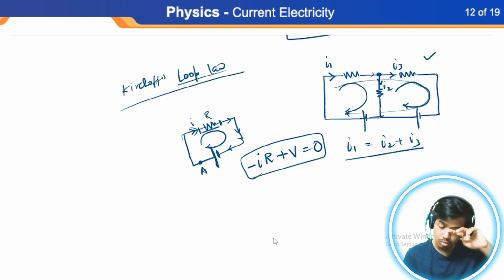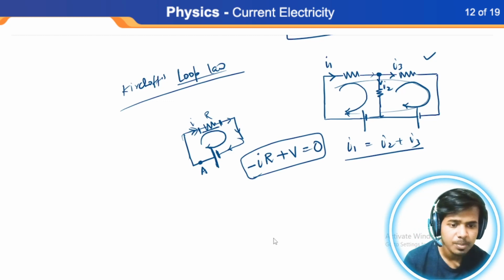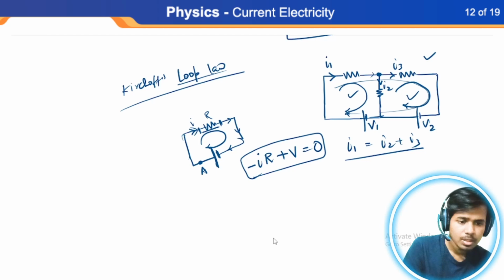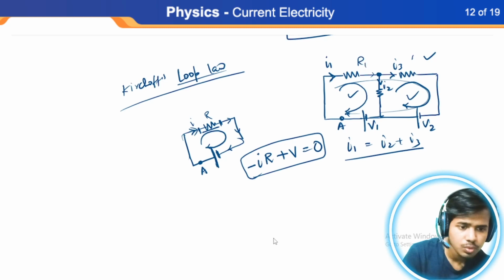So you do not need to apply that much of effort. I'll just apply the loop law in this loop and the second loop. First loop, let's call this as V1 and this is V2. Now start from here, A, going here, and this is R1 and R2, R2, R3.